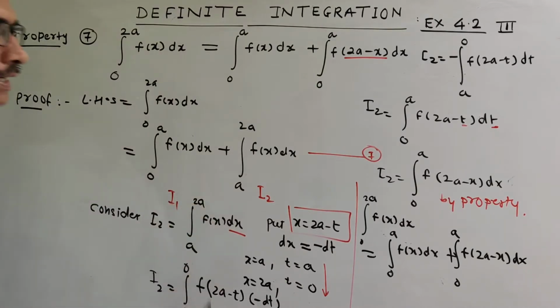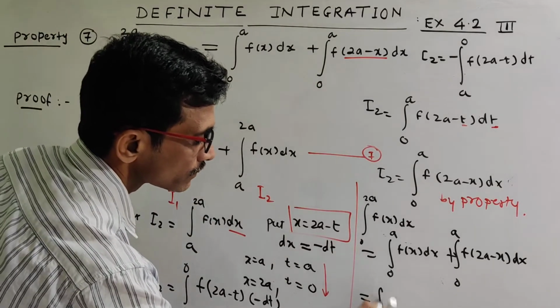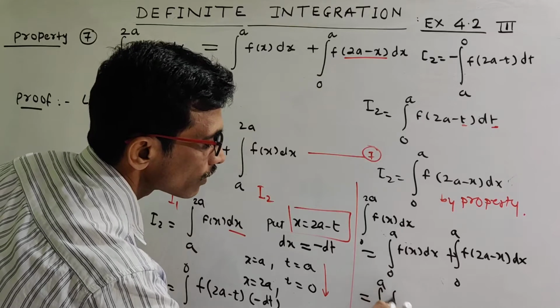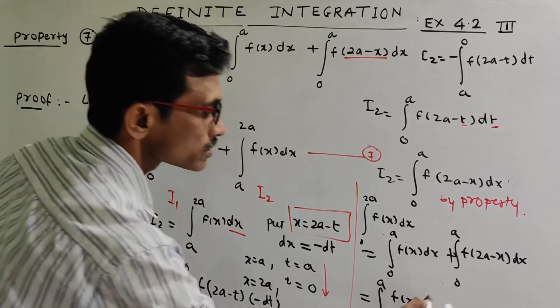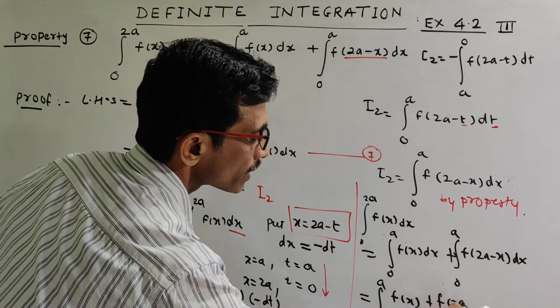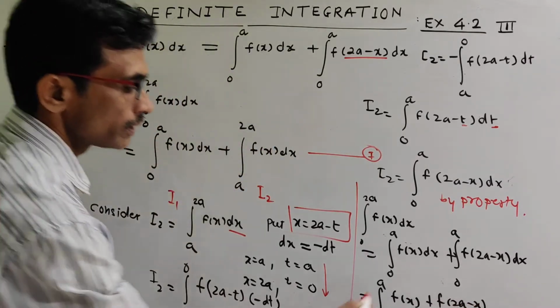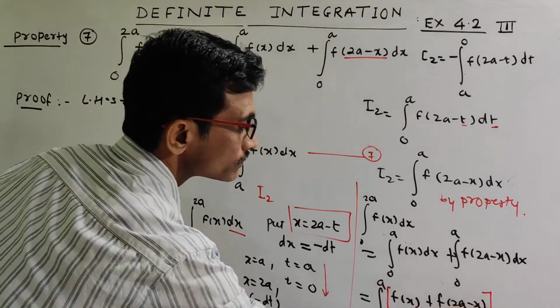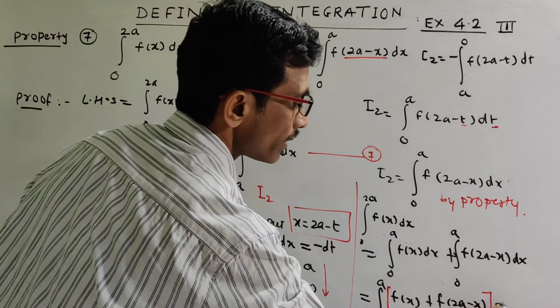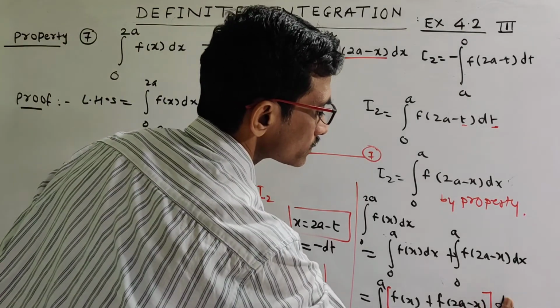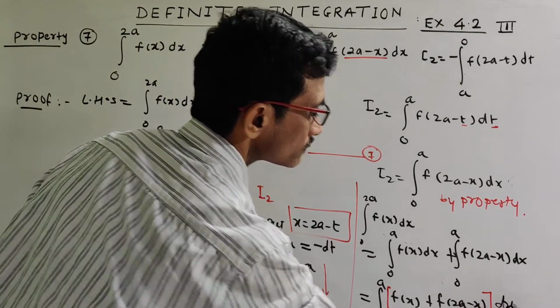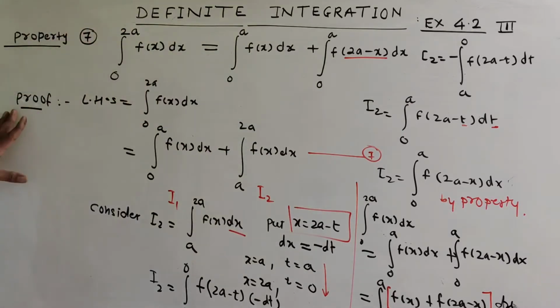Now further we can write it as integral 0 to a of f(x) plus f(2a minus x) dx. So this is the proof of the property.